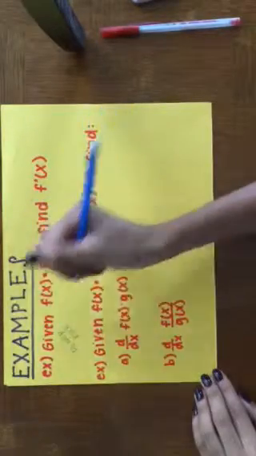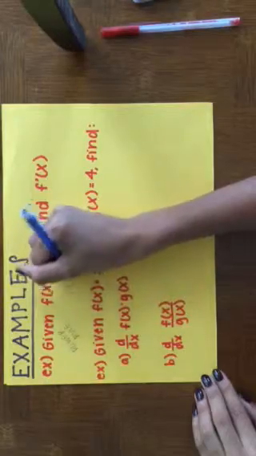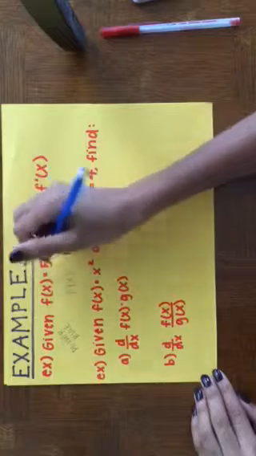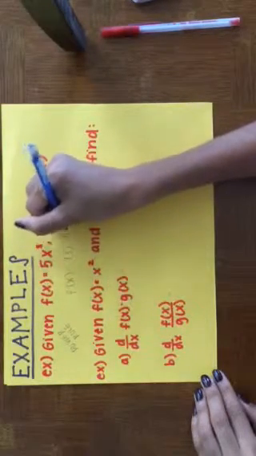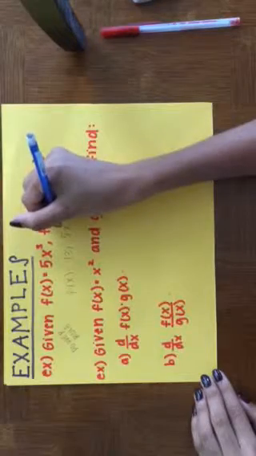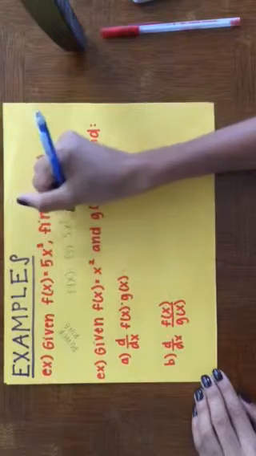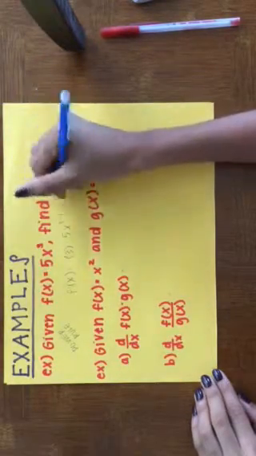So f prime of x, we want to drop the exponent to the coefficient, so we have 3 times 5x to the third power. However, we need to subtract 1 from the exponent now. So we're left with 15x squared.